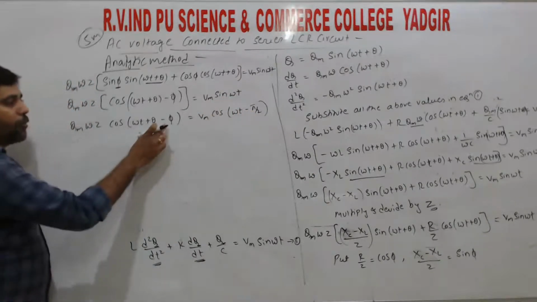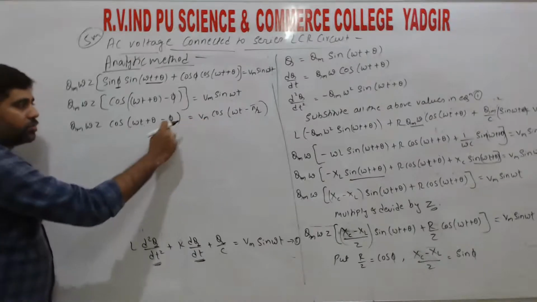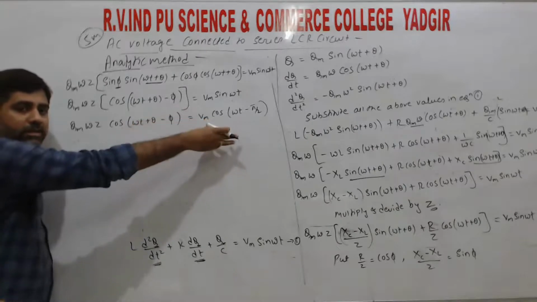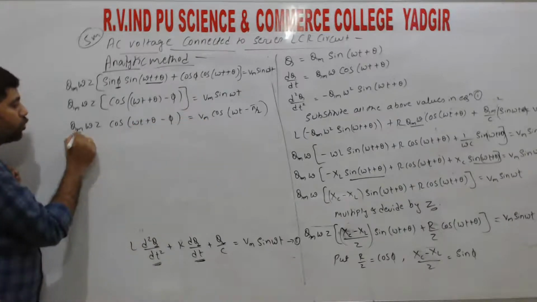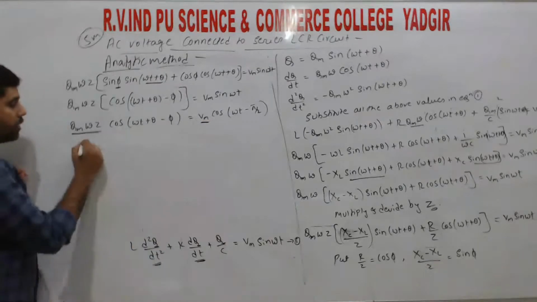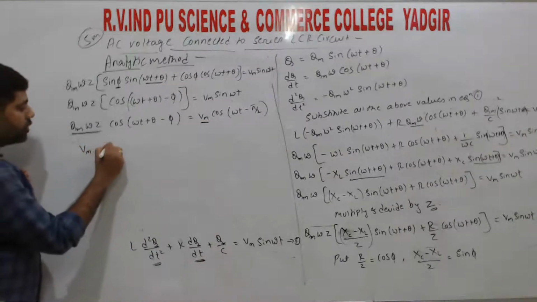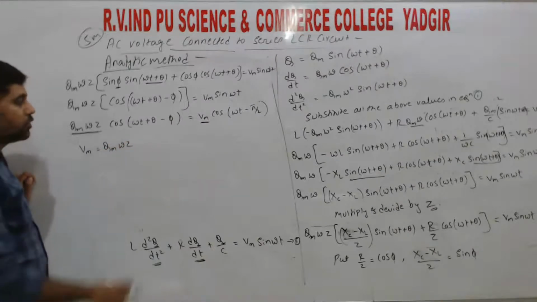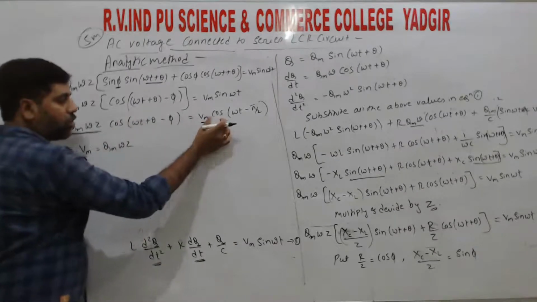Now comparing these two equations, so LHS ಮತ್ತೆ RHS equal ಇದೆ ಅಂದ್ರೆ LHS terms ಅಲ್ಲಿ ಏನಿದೆ ಅದು RHS terms ಗೆ equal ಆಗುತ್ತೆ, right? So Qm omega z is equal to Vm, that means we can write Vm is equal to Qm omega z. Similarly cos ಇದೆ, ಇಲ್ಲಿ ಕೂಡ cos ಇದೆ, right?